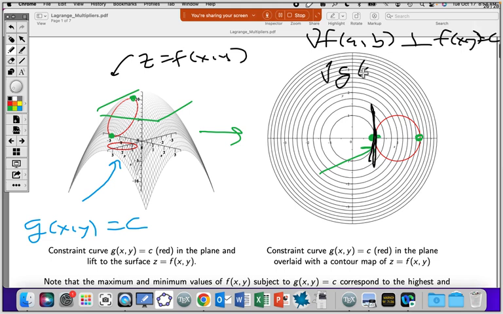And we know the gradient of g is orthogonal to its contours. And so that's another way to think about this, is as you're looking at your contours, where you first meet the constraint curve, that's going to be your maximum or minimum value. And at that point, they have the same tangents, which means the normal vectors would be parallel.